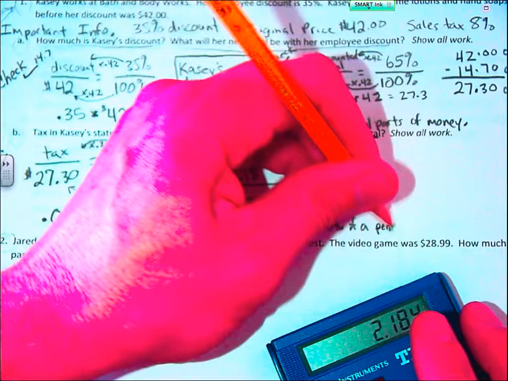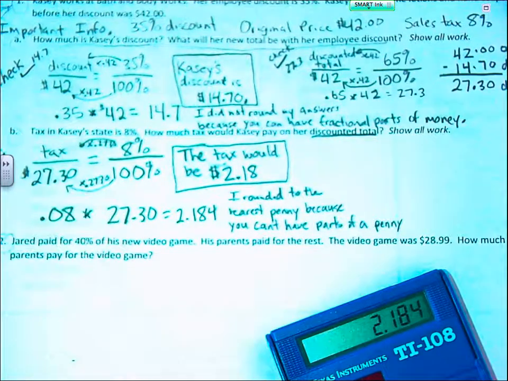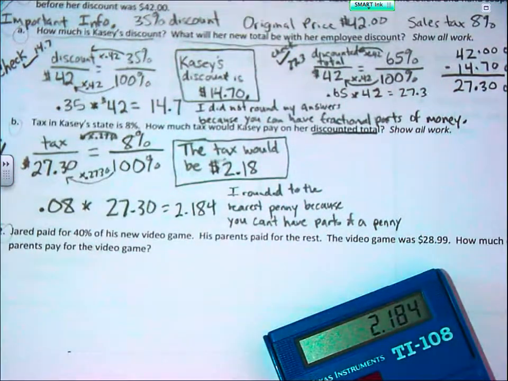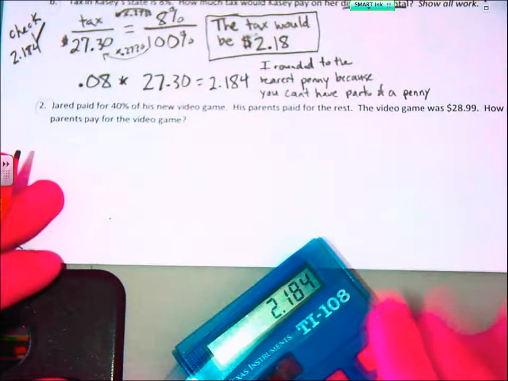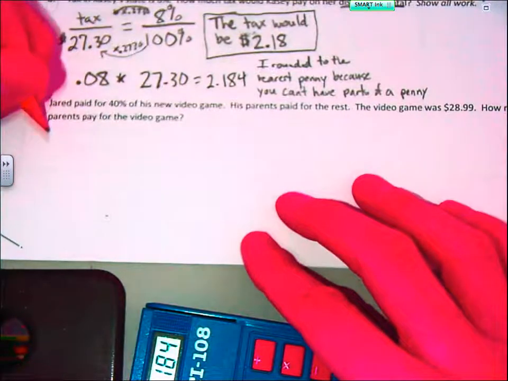I can't take a penny and a ginormous scissors and cut that up. Well, it wouldn't be, it's not legal tender, then it doesn't count. All right. So I believe I've done everything for part B. I go on to number 2. I have to start with my important info.